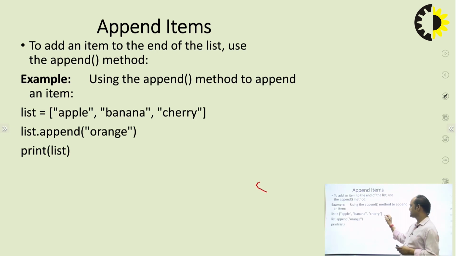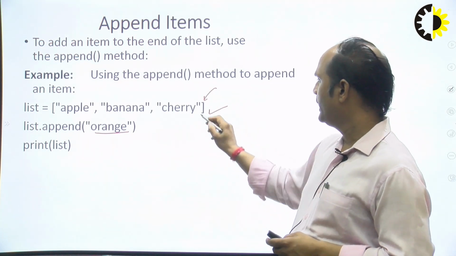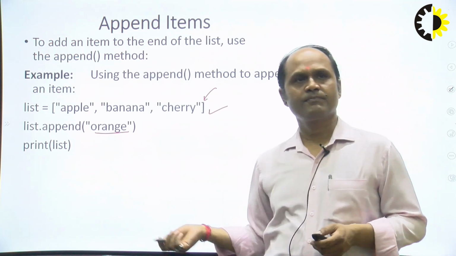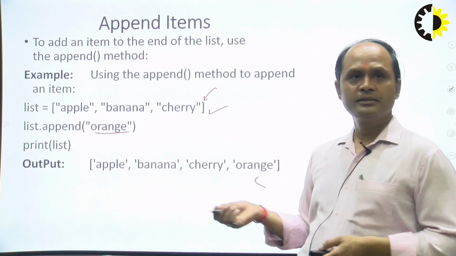Suppose we have this list, this will add the orange value at the end of the list. This is called the append function. This is the output.